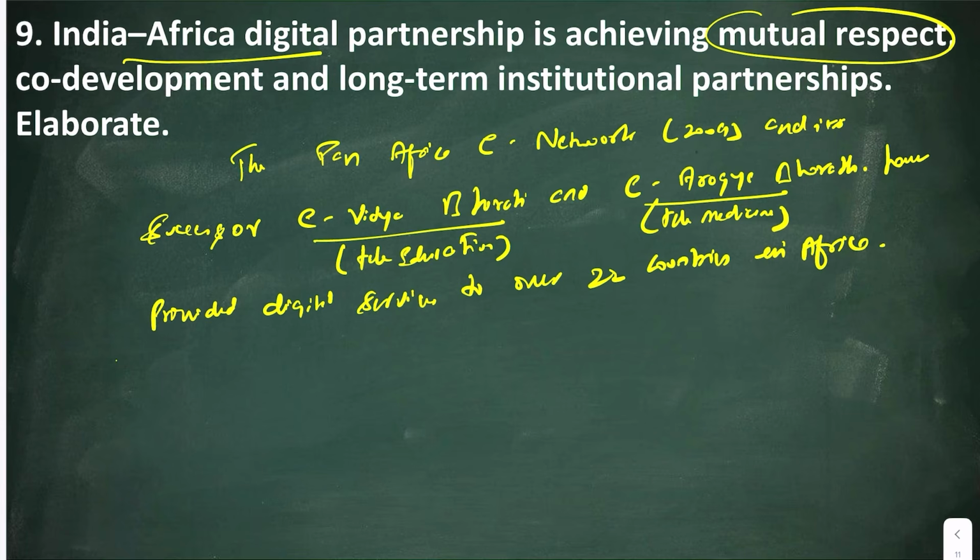Okay, the second one, give the subheading as India-Africa digital partnership, put a hyphen and write, co-development.